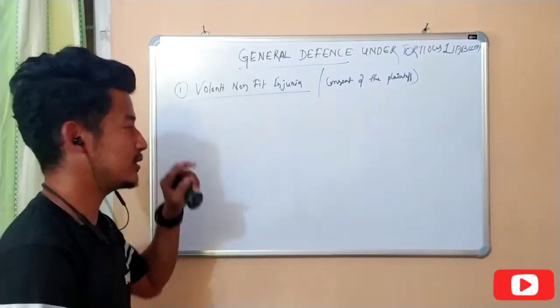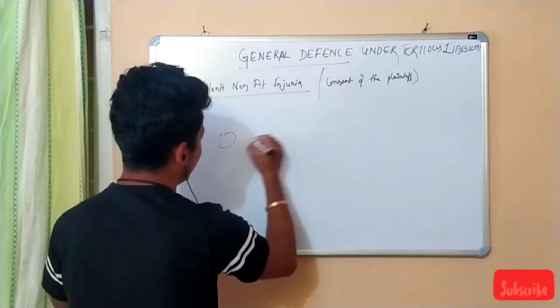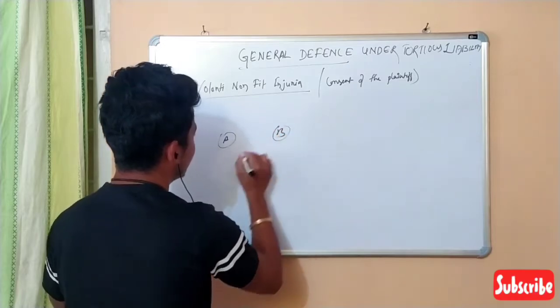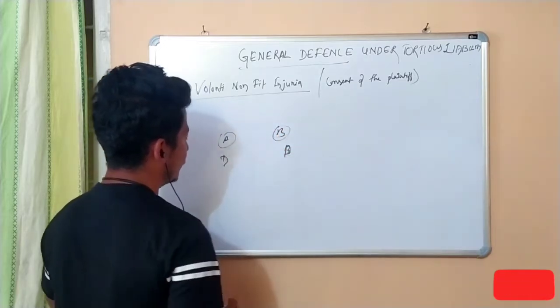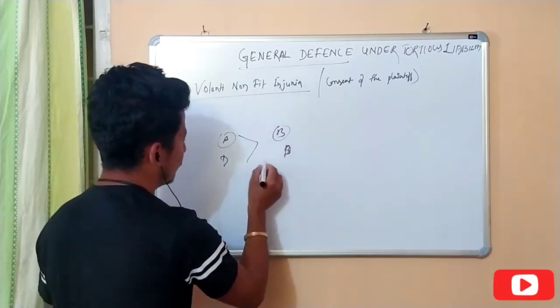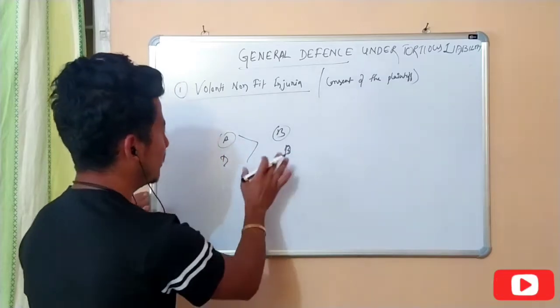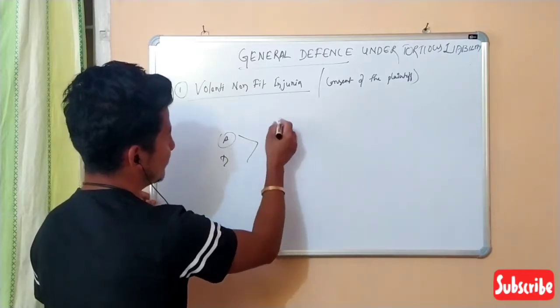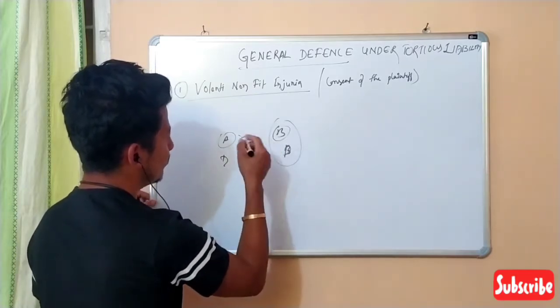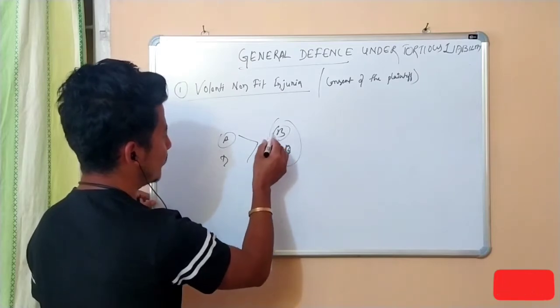Suppose there are two persons, A and B. A is the defendant here and B is the plaintiff. A has committed a tort against B. But whatever wrong is suffered by B was caused voluntarily, because B has already consented.